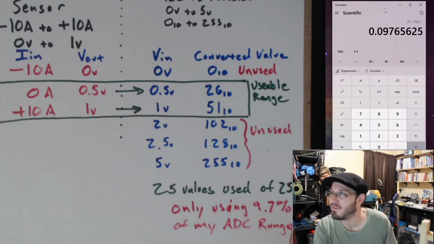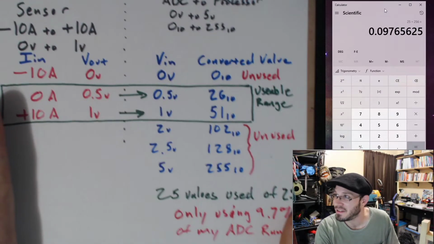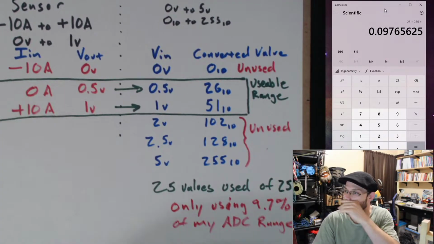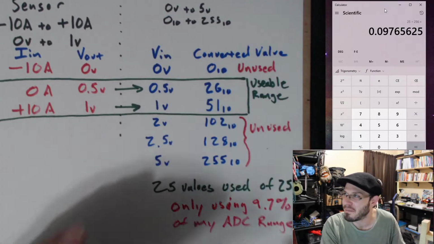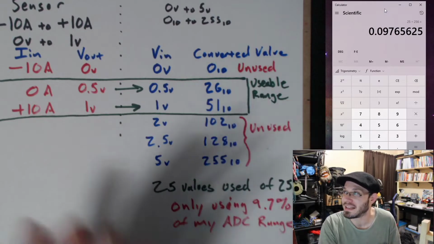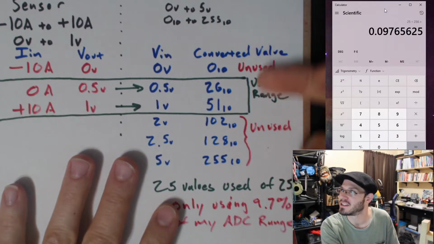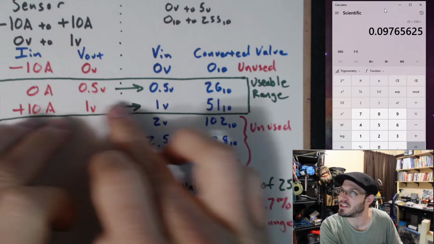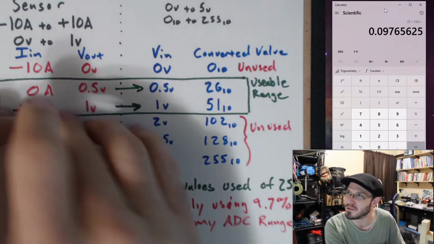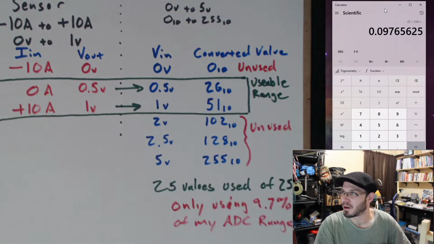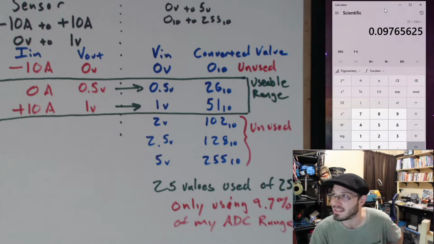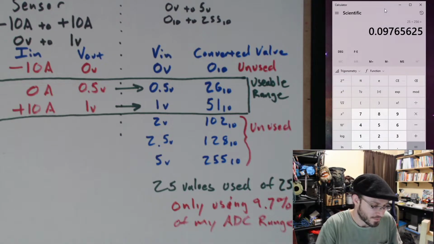I don't want to go ahead and fix the problem until we accept that this is a problem. I feel like this is the best way to demonstrate this issue. Just listing all the values and then showing the mapping from our usable range to what we're going to get actually coming out of this analog digital converter.